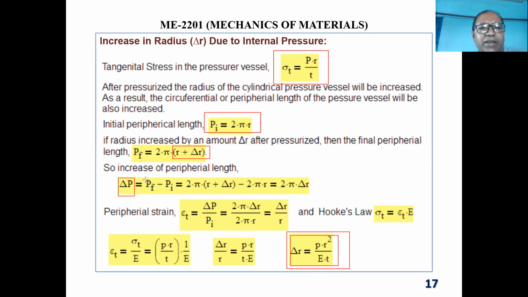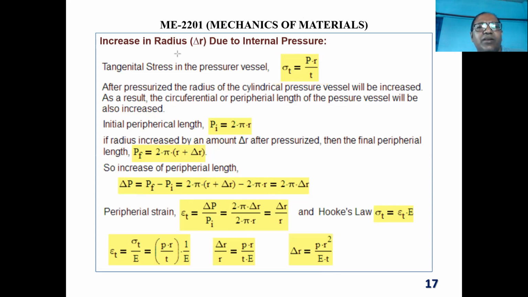Pf minus Pi. You just subtract this value from this value. This is the final peripheral length Pf, and this is the initial peripheral length 2 pi R. After you simplify the equation, 2 pi R will be cancelled out.